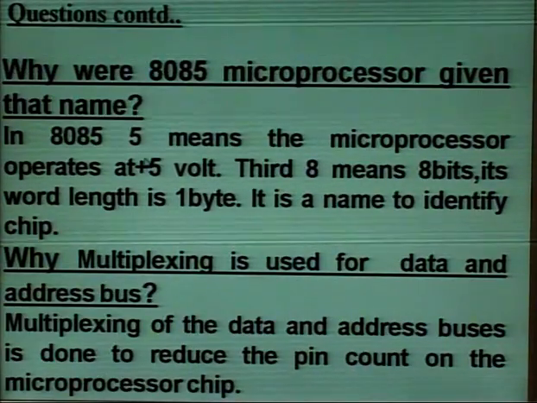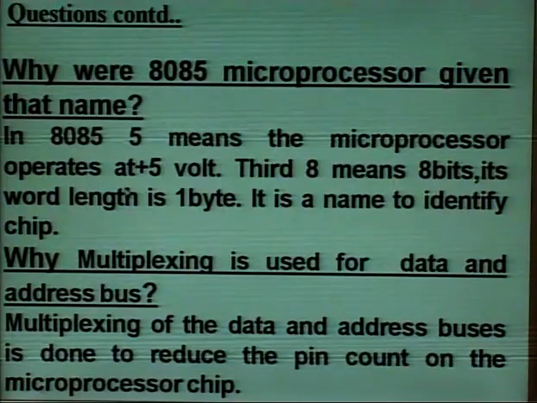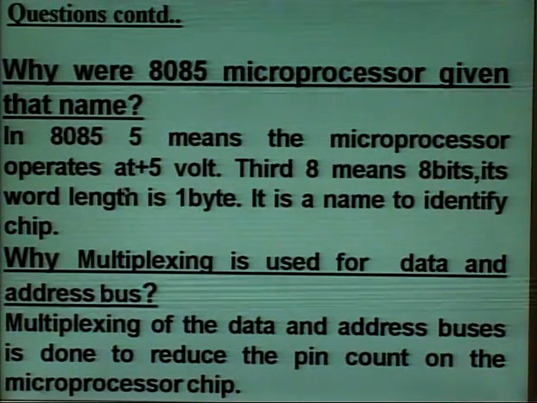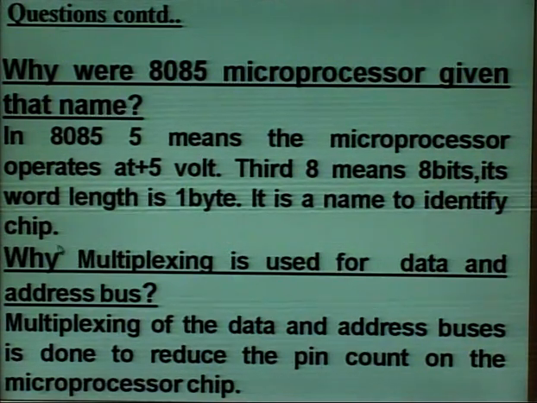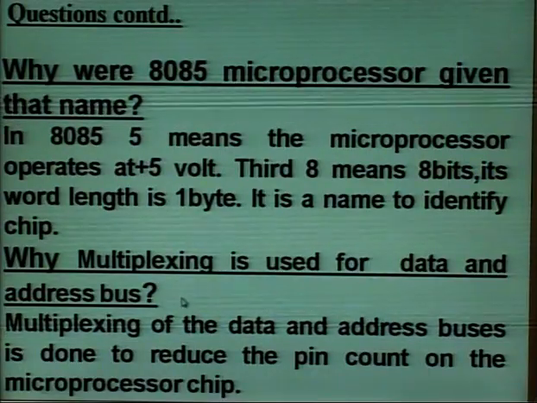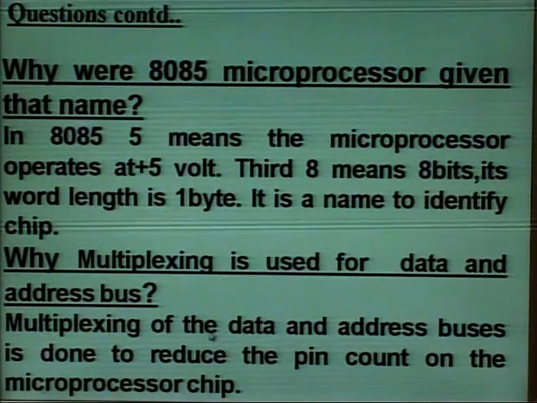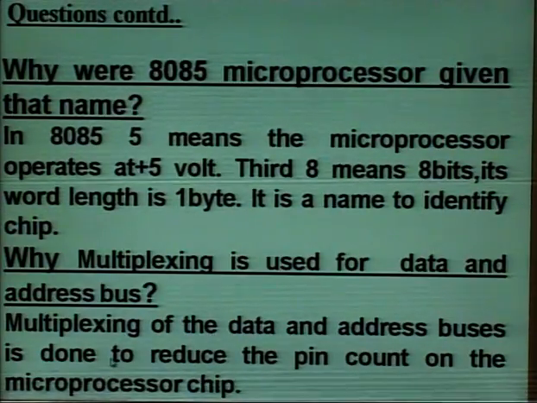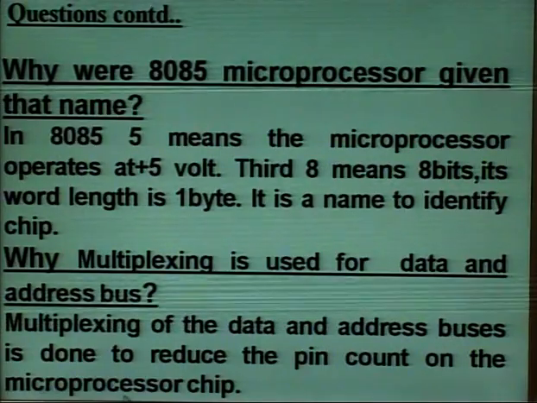In 8085, 5 means the microprocessor operates at 5 volt, 8 means 8 bits, its word length is 1 byte, it is a name to identify the chip. Why is multiplexing used for data and address bus? Multiplexing of data and address buses is done to reduce the pin count of the microprocessor chip.